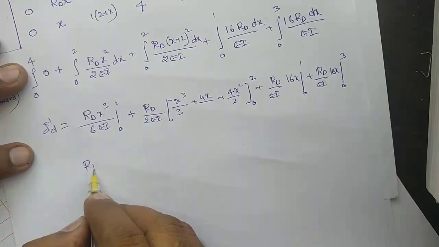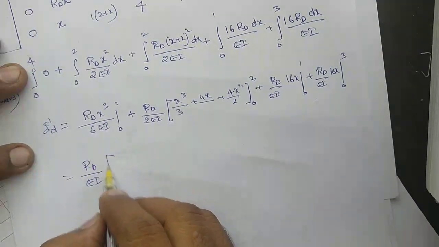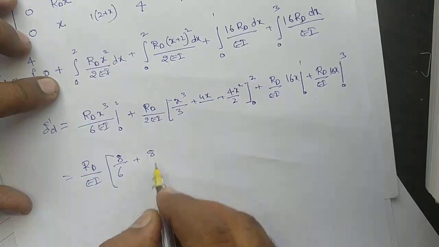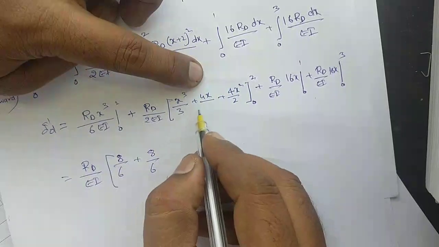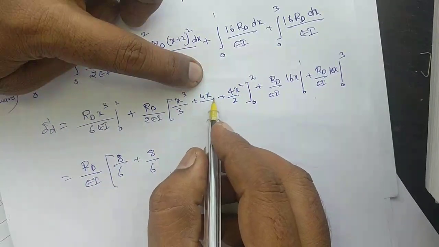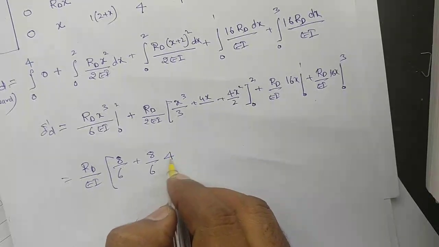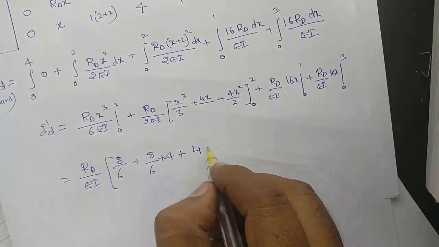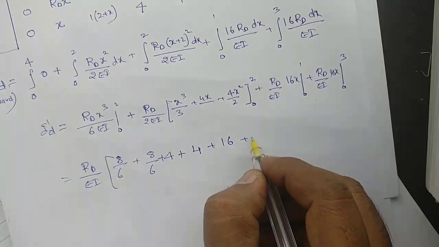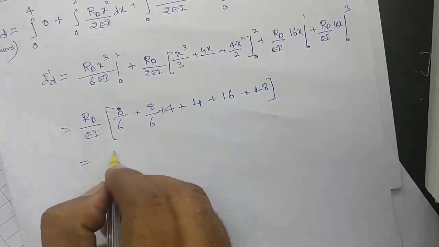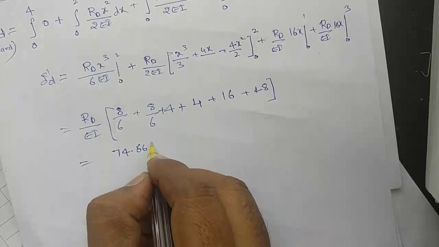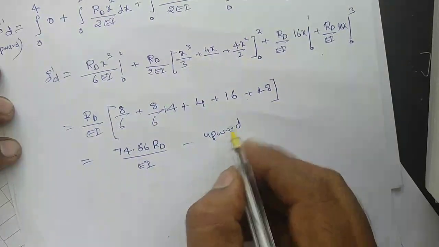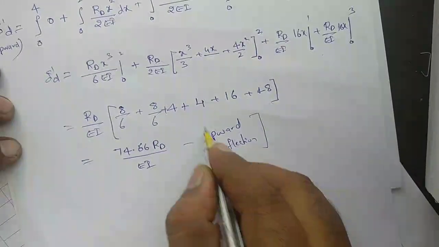If we take common RD by EI, from 2 cube is 8 by 6, again this will become 8 by 6, this will become 4, and this will become again 4, plus this will become 16, this will become 16 into 3, 48, it will become 74.66 RD by EI. This is upward deflection.